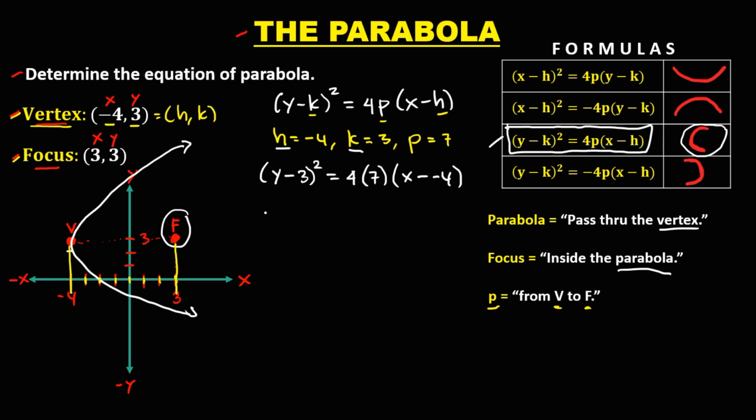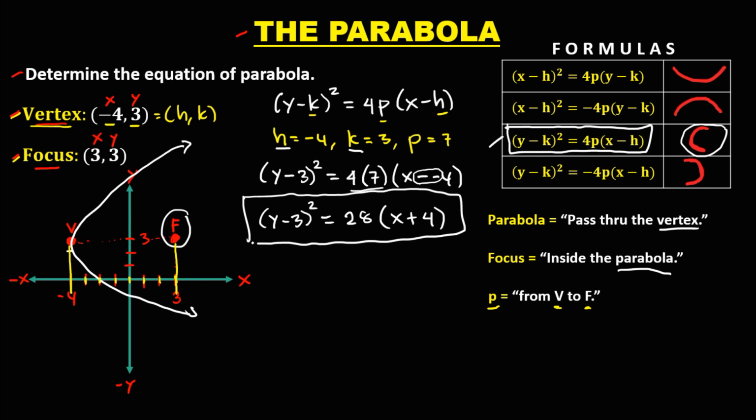Then to simplify, we have (y minus 3) quantity squared equals 4 times 7, this is 28, then times x, and this double negative is positive, then 4. So this is now the standard equation of this parabola.